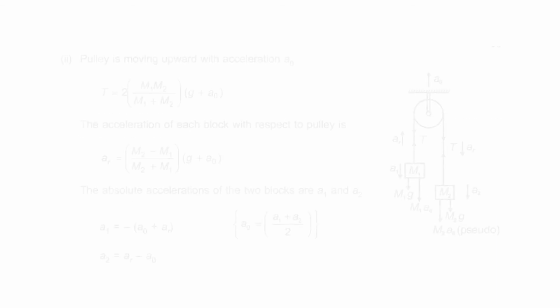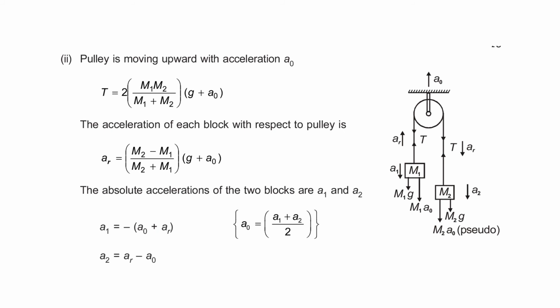Case number 2. When the pulley is moving upward with acceleration a0, T is equal to 2 m1 m2 divided by (m1 plus m2) into (g plus a0). The acceleration of each block with respect to the pulley is ar is equal to (m2 minus m1) divided by (m2 plus m1) into (g plus a0).